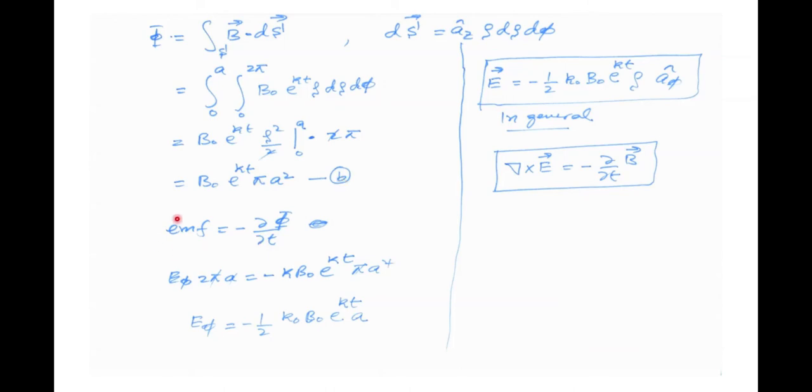Now, according to this relation, differentiate equation number b with respect to t and then simplify.